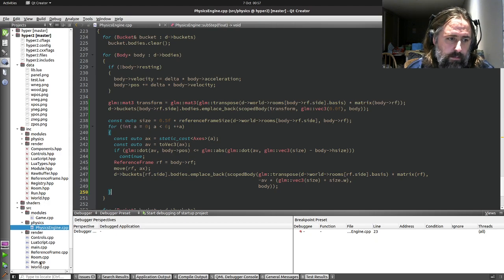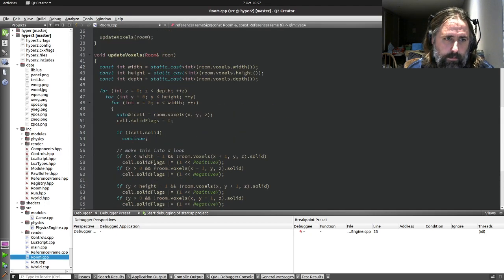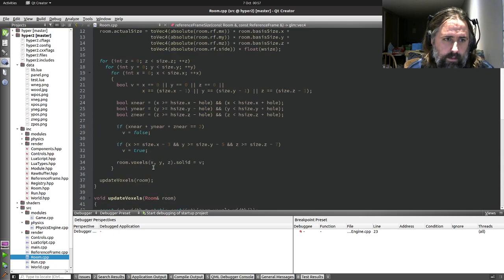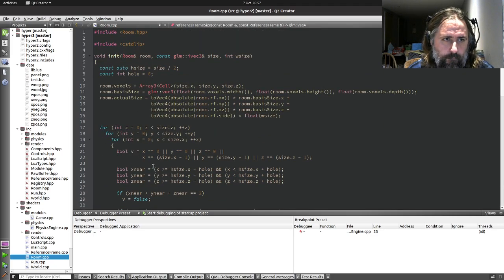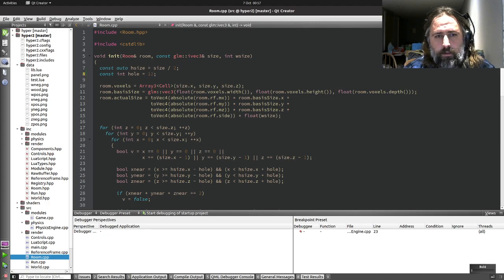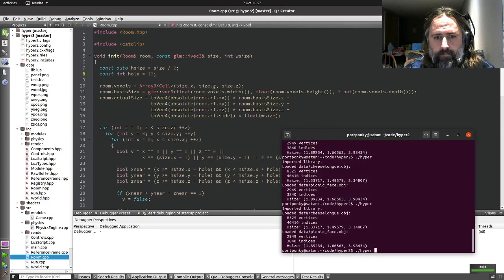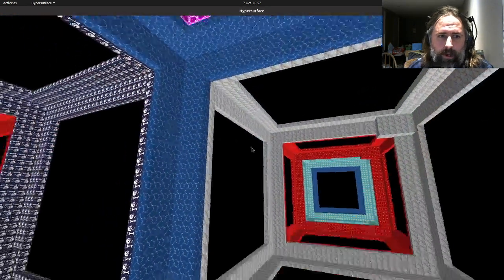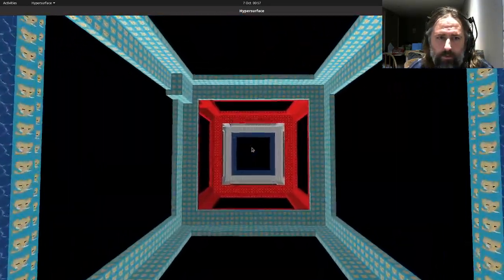Let's have a little bit of fun, seeing as this appears to work, and let's make the hole bigger. Wow, this is more open.